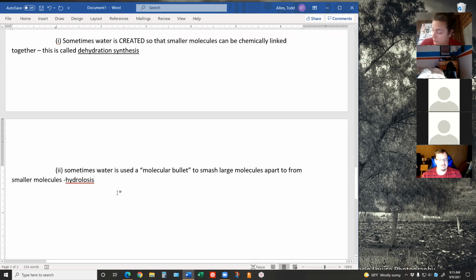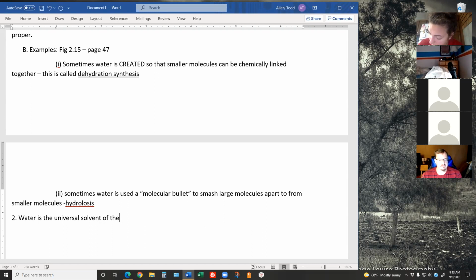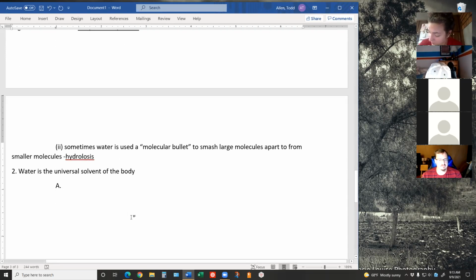All right, so water is extremely important for the chemical reactions of your body. Number two, water is the universal solvent of the body. And what we mean by that, okay, so that word solvent is extremely important. A solvent is a substance that can dissolve things.